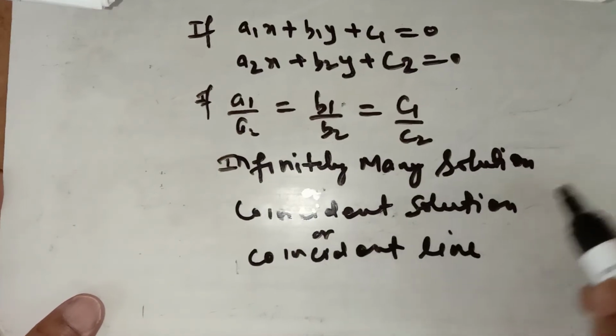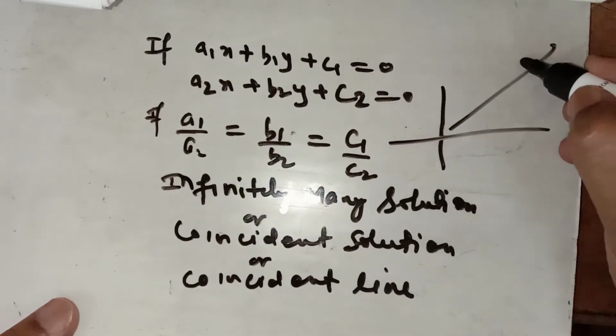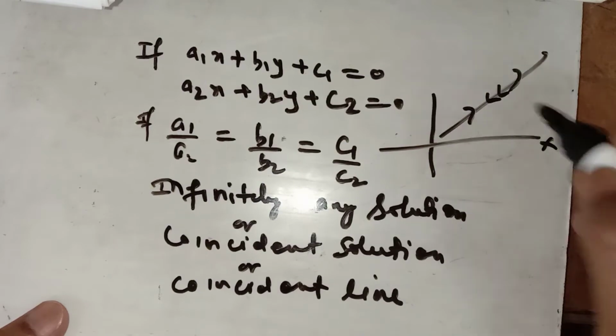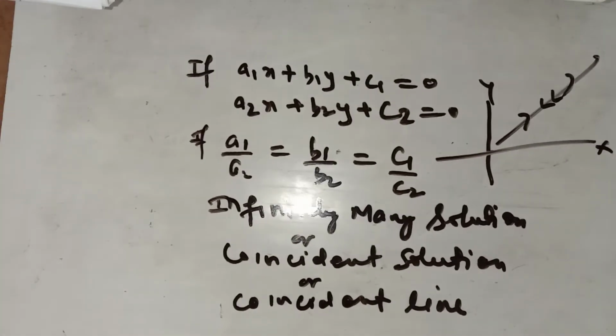That is, if we draw the graph of these two equations, then the lines of both will be the same. The same straight line we will get for both equations. This is the condition for the consistency of simultaneous equations.